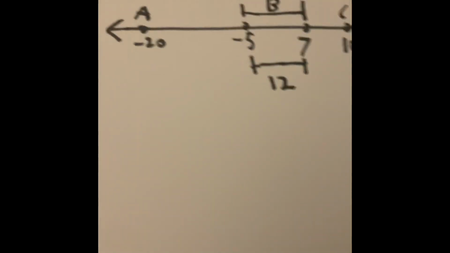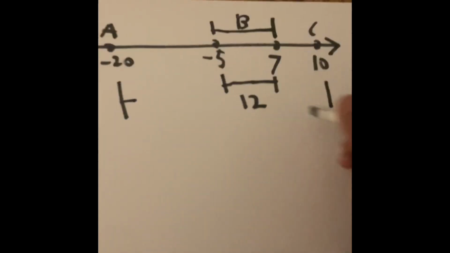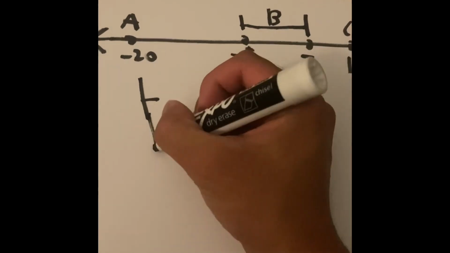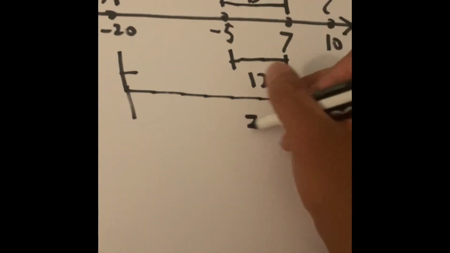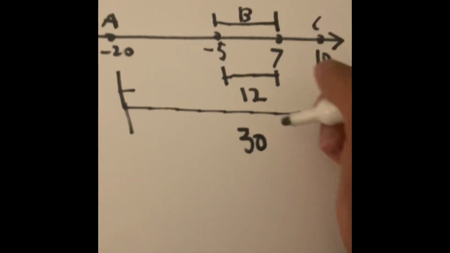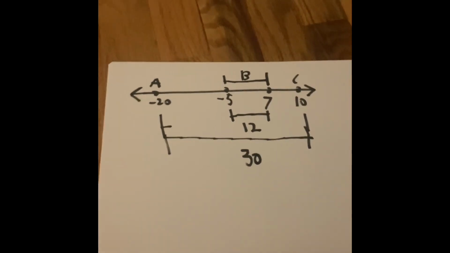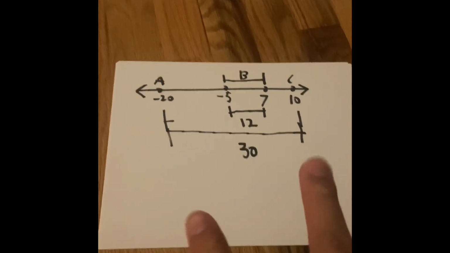And the distance between -20 and 10, we're going to make the line really long, is an astonishing 30 units. The way to solve this is we have two numbers.